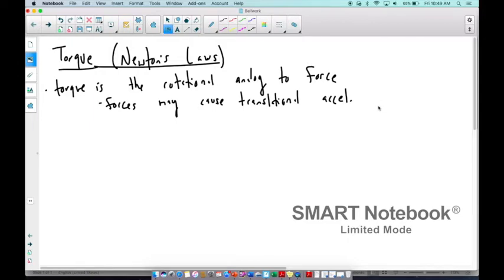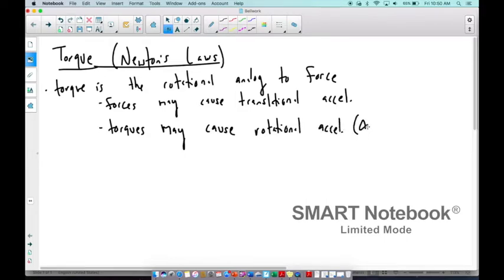They could cause an object to change its motion, either the direction of the motion or the speed of the motion, to change its velocity. Well, in the exact same way, torques may cause objects to change their rotational motion. They may cause rotational acceleration.